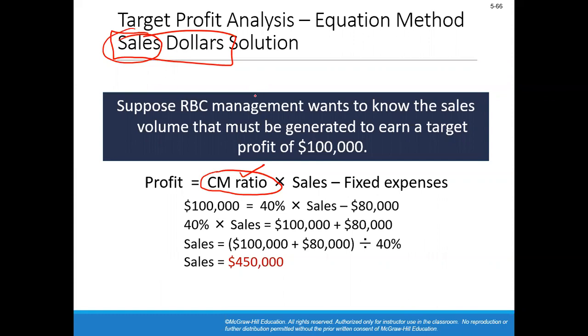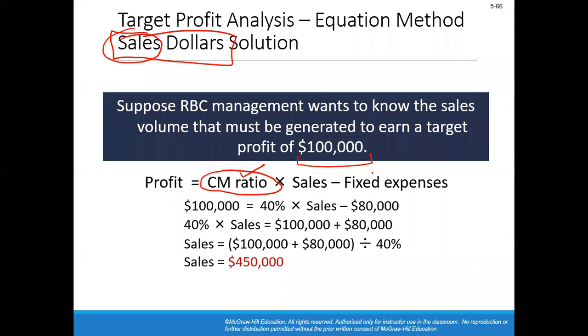So you see that our target profit is now 100,000 as before, and we use this equation from the previous class. We are just using this for the purpose of the target profit. In the break-even analysis, our target profit was 0, but here we are not in a break-even case. We are in a positive case.